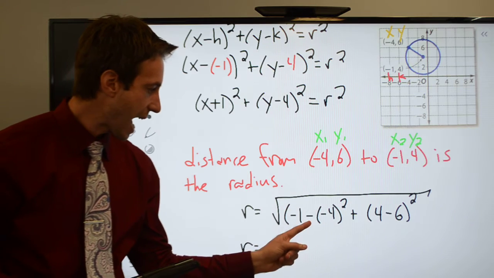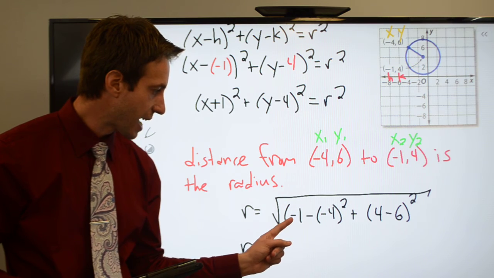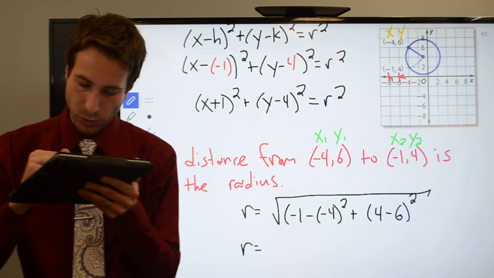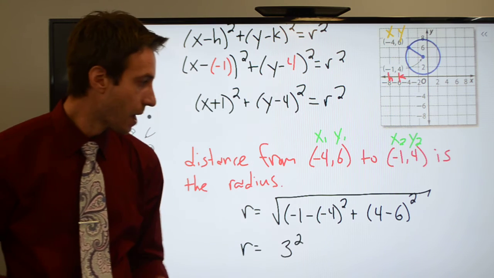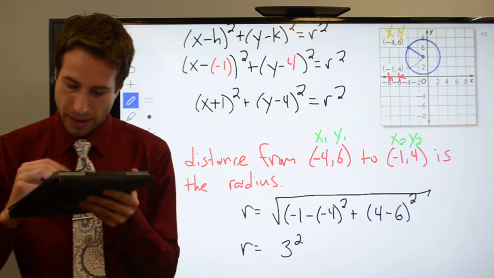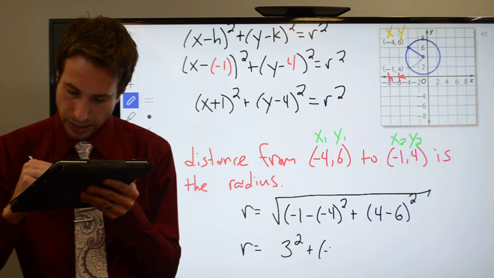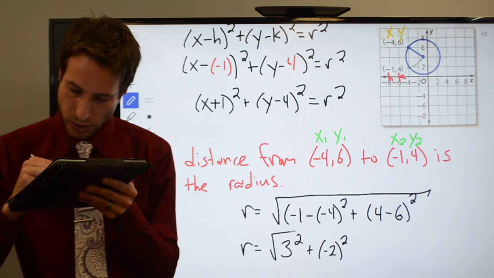Okay, so we're going to add the opposite. So negative 1 plus 4 leaves me with a 3 squared. 4 minus 6 will be a negative 2, so plus a negative 2 squared. We're going to take the square root of that.